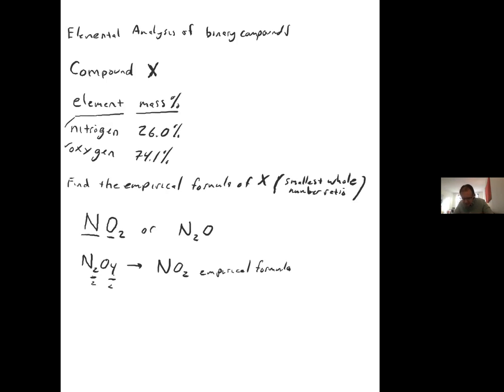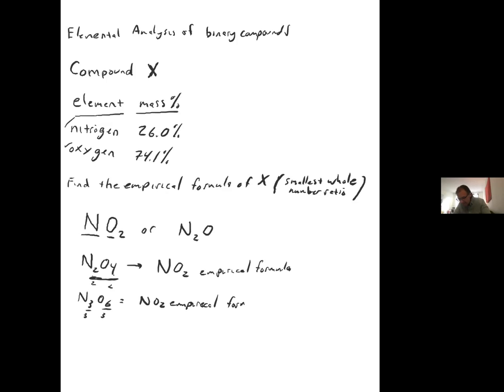So it has to be the smallest whole number ratio. So 2 and 4 wouldn't work. If you had 3 and 6, that wouldn't be an empirical formula because you could divide each of them by 3 and get smaller whole numbers.